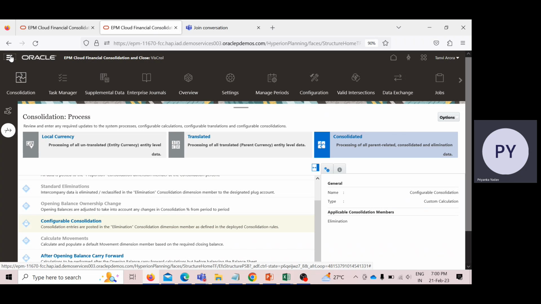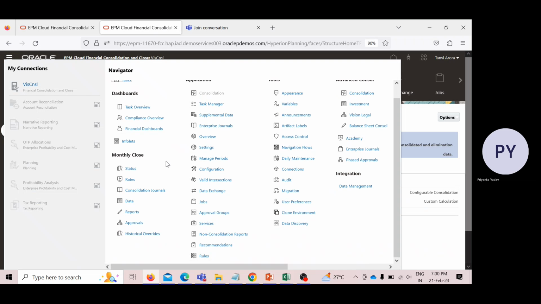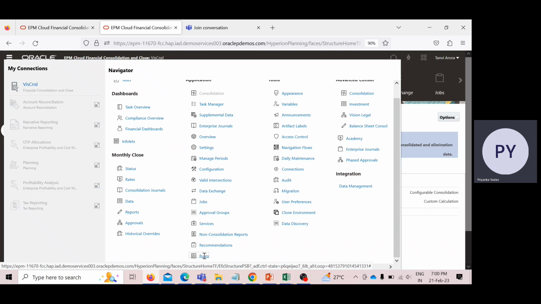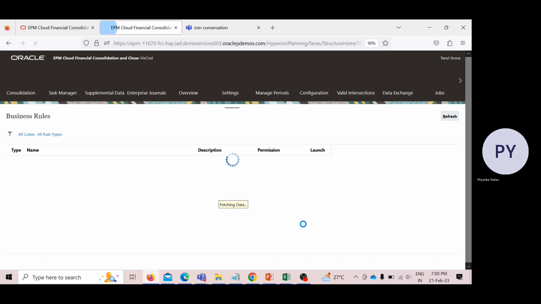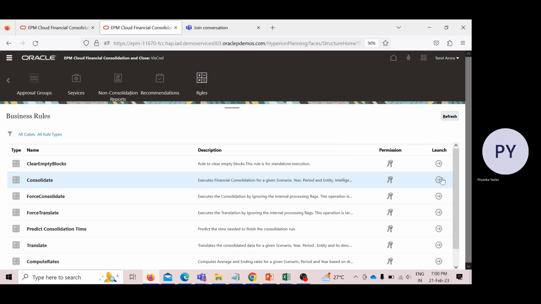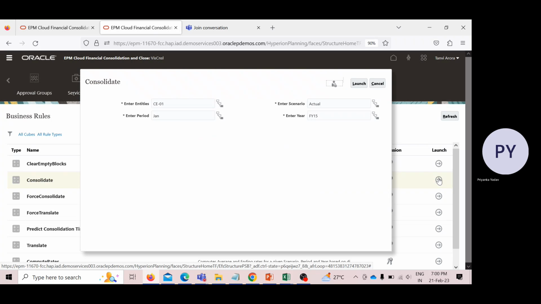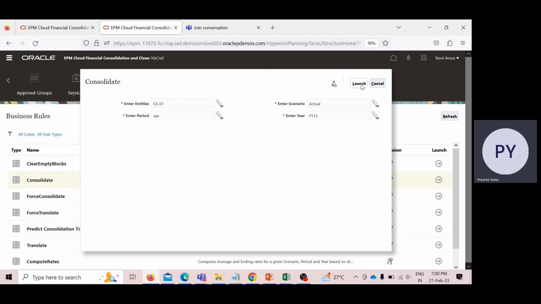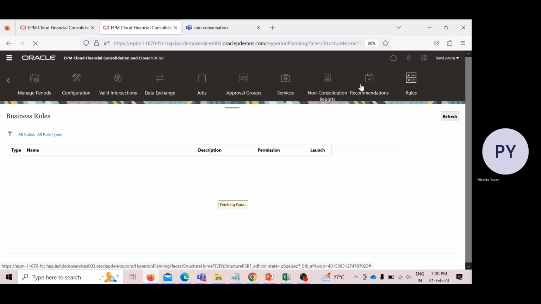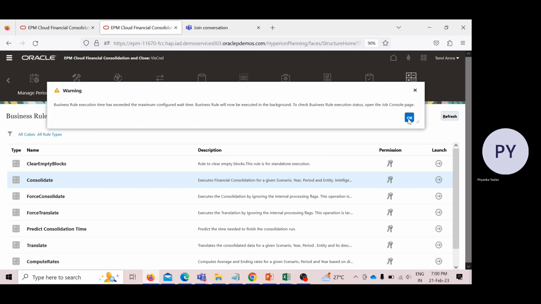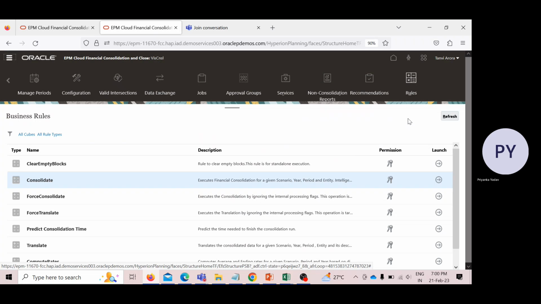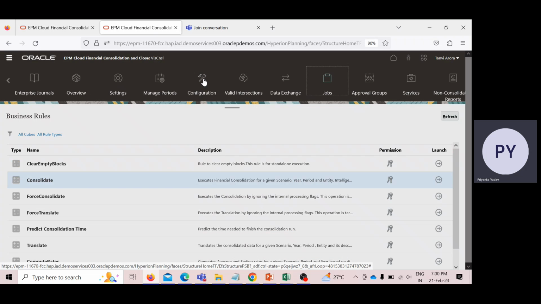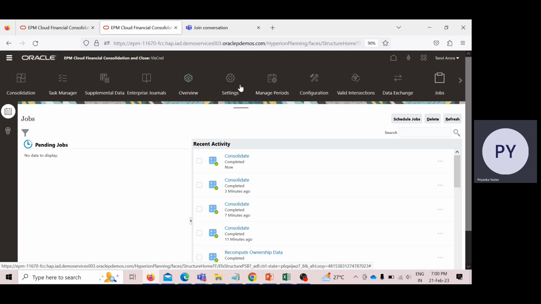I have to launch consolidation again. So in rules, we will launch the consolidation rule. Let's go to jobs to see the consolidation status. Consolidation has been completed.